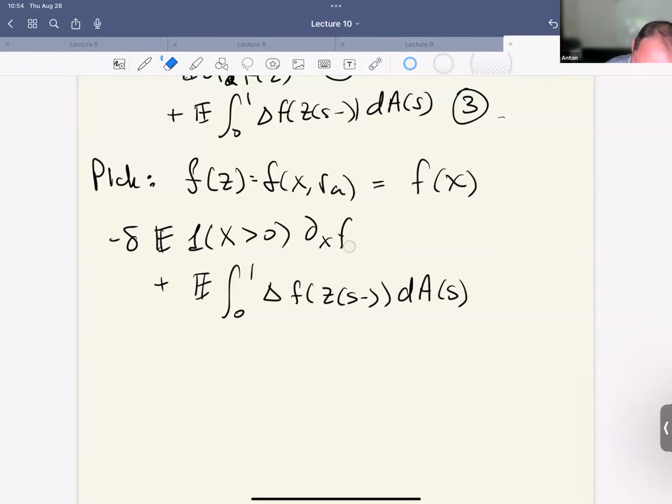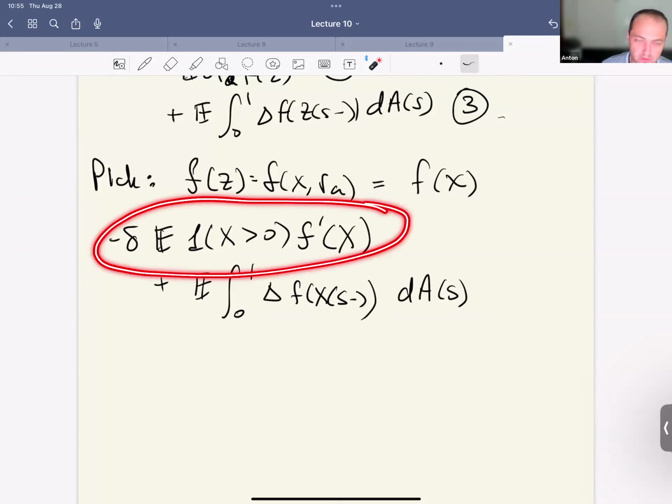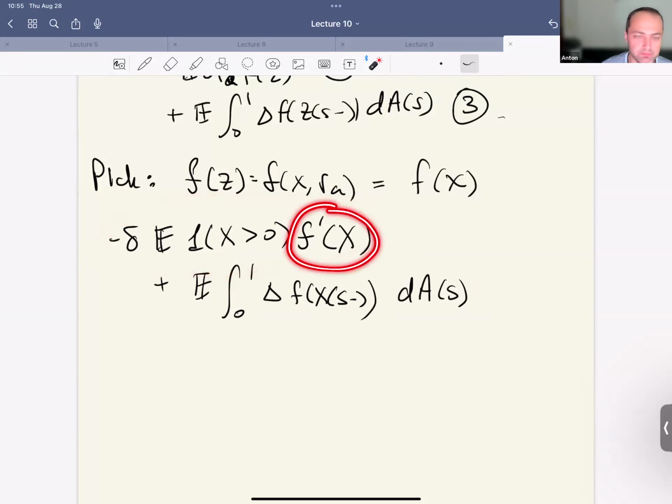Let me simplify notation here. This is actually f prime of x. And this is x of s minus. Okay, so where is our diffusion generator hiding? We only have the two terms, which makes life easy. In our first term, I've got an f prime of x.